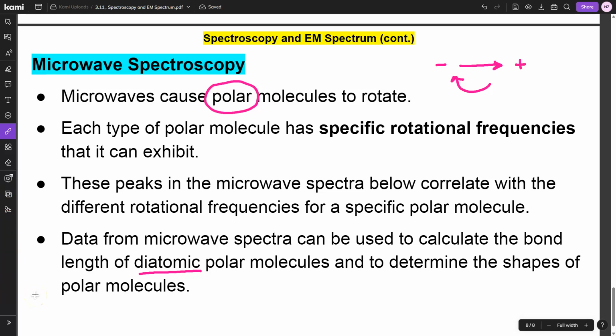An example of a diatomic polar molecule would be like HCl. So it's made up of two different elements. Something that is nonpolar would be like hydrogen, H2. Hydrogen here is made up of the same element, so this would be nonpolar, whereas this one here would be polar.